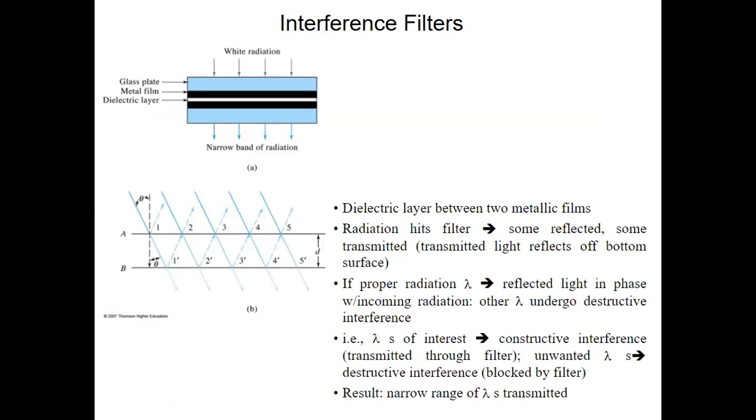Okay, in the interference filters, this is the structure. It has a dielectric layer, you can see it, and surrounding the dielectric layer there is a metal film and then a glass plate like this, right? So the dielectric layer is surrounded by two metallic films. What is happening now? The light, the incident or white radiation, comes from this direction.